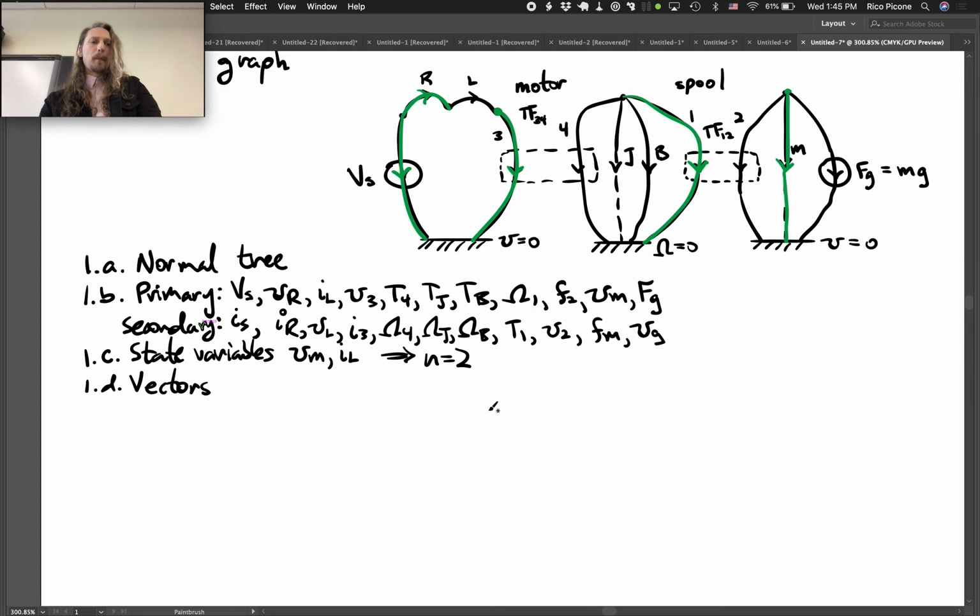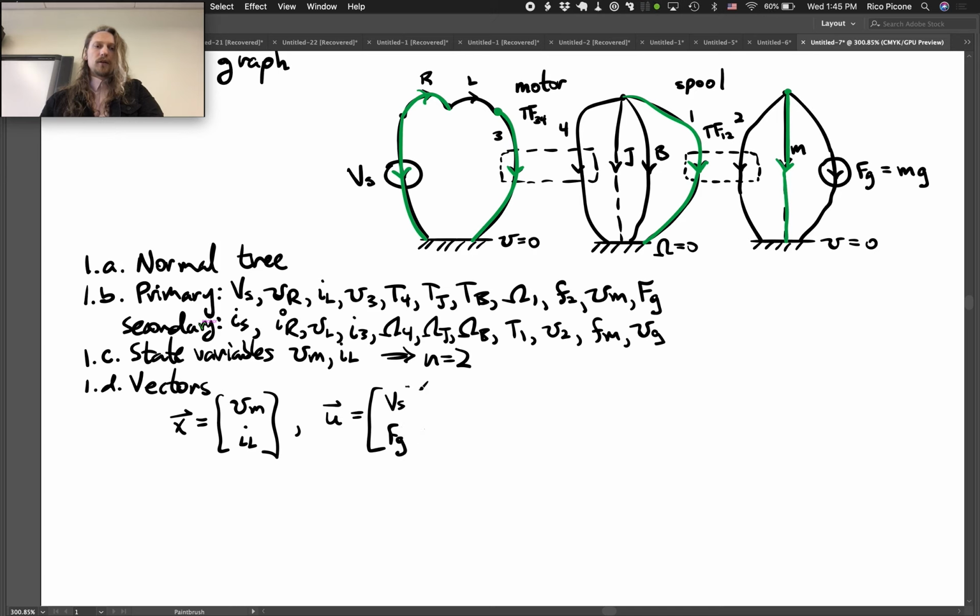Very good. For vectors, I have my state vector, which is VM, IL. Input, which I've got two of them. I've got my voltage source, and then I've got my gravitational force.